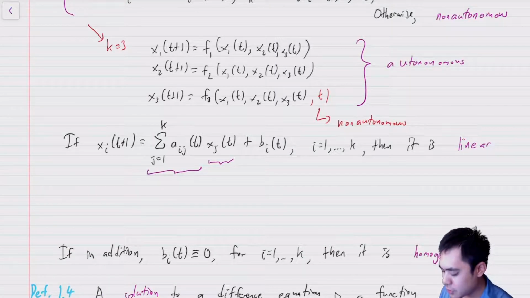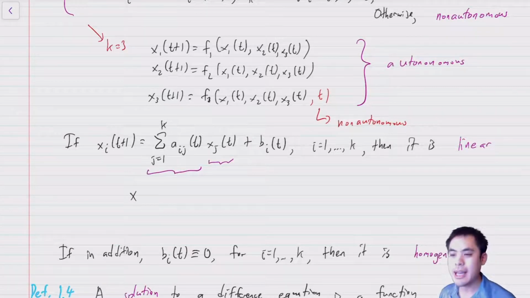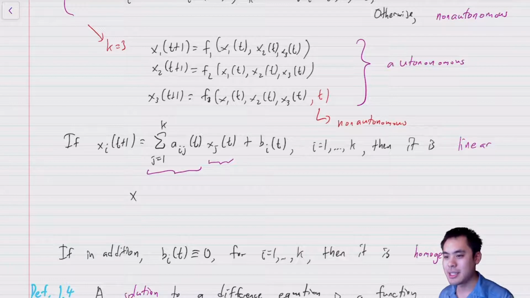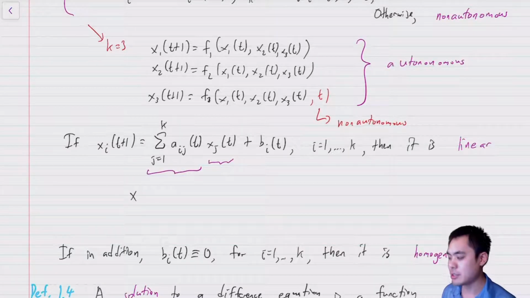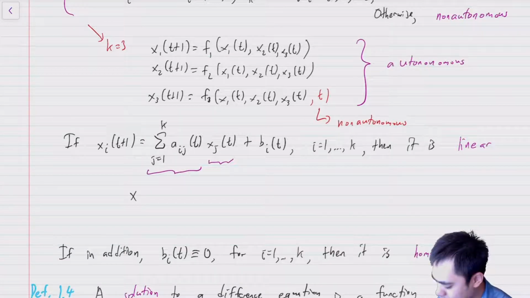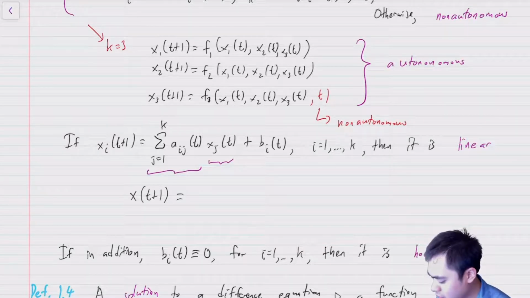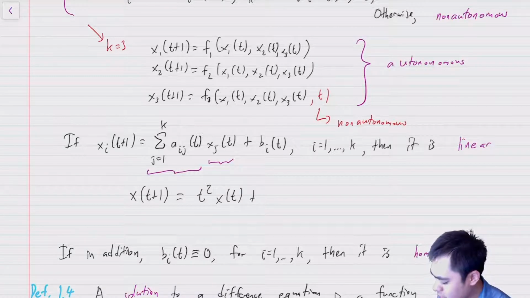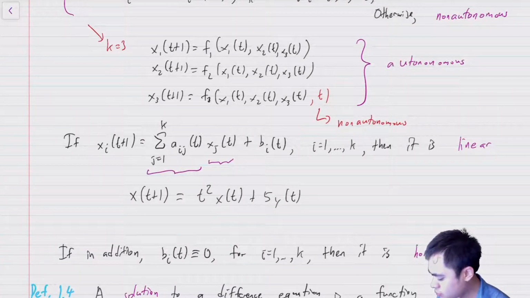So let's just do a system of two equations to make life a little bit easier. And I'll use the x and y notation just so that you see several different ways of writing these equations. So let's say we have x of t plus 1 is equal to, let's say, t squared x of t plus 5y of t plus 5.